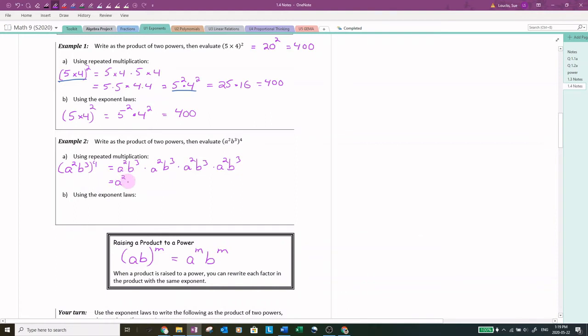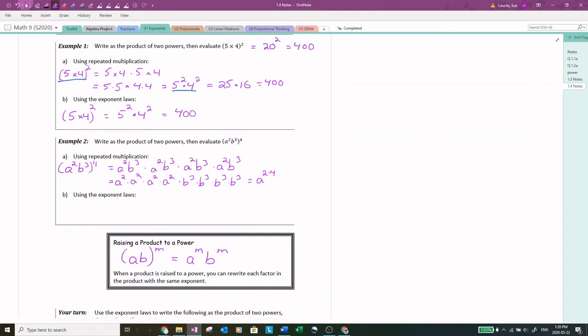This becomes a squared times a squared times a squared times a squared times b cubed times b cubed times b cubed times b cubed, which is a to the 2 times 4.